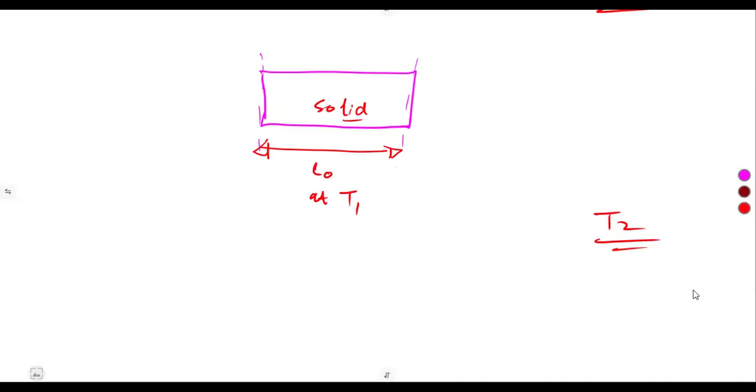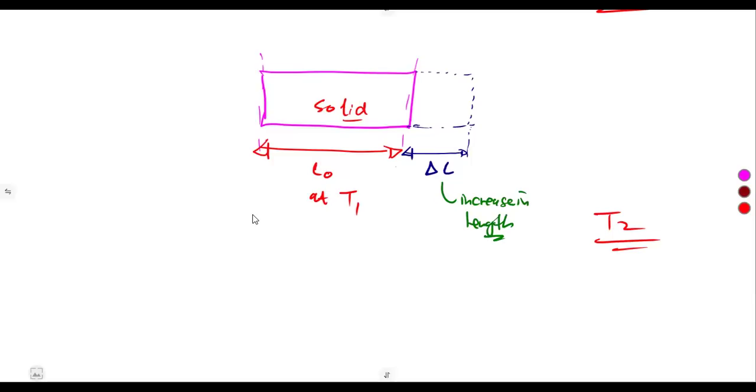The length can decrease or the length can increase, and we can see the change in length from what we had. So here we are going to have the change in length, that is the increment, the increase in length.